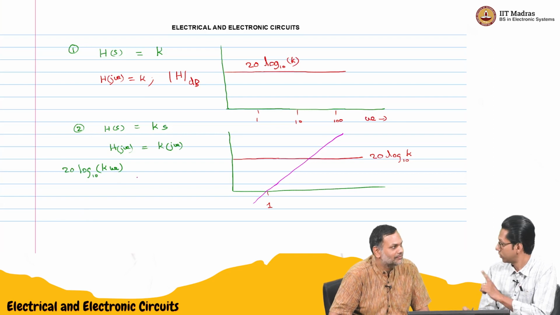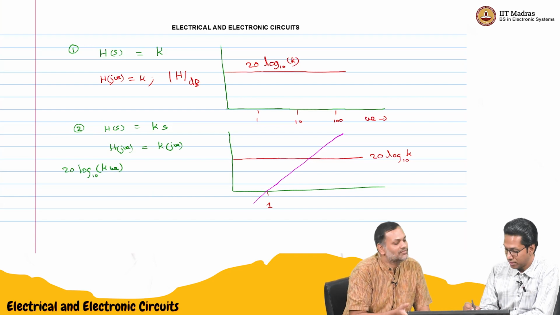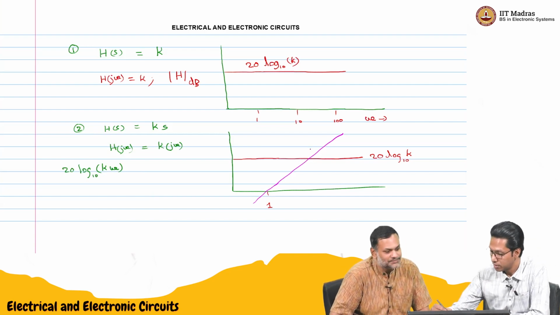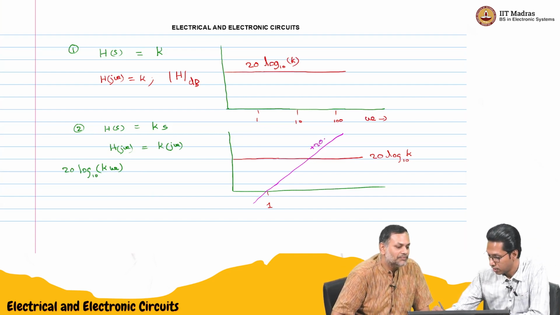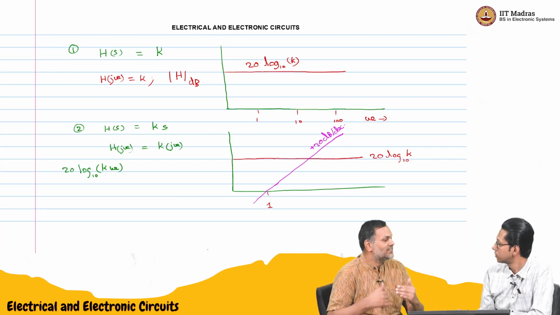Basically log 10 gives 1, and then you get 20. So this is plus 20 dB per decade.